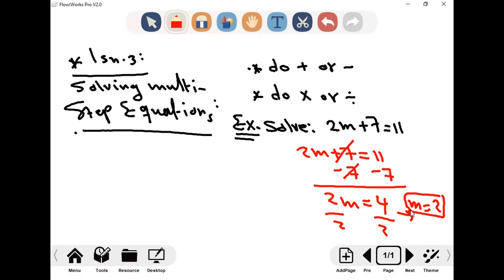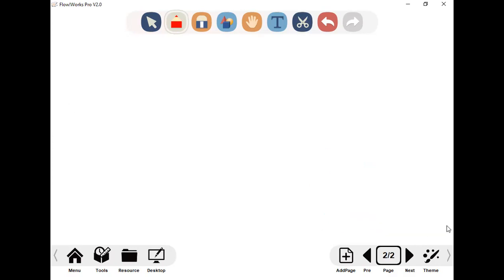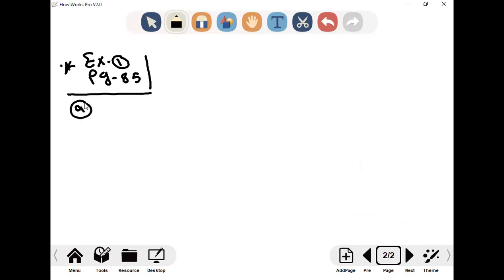So I'll start with example 1, on page 85. Part A. The question says solve 2a minus 6 equals 4.